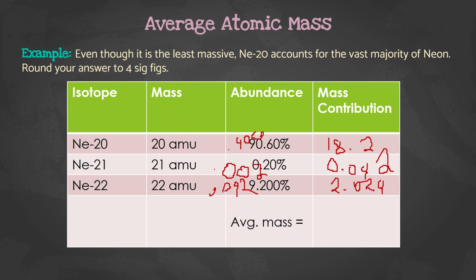So now that I have figured out my mass contributions, I'm going to add them all together, and I'm going to end up with approximately 20.2 AMU.